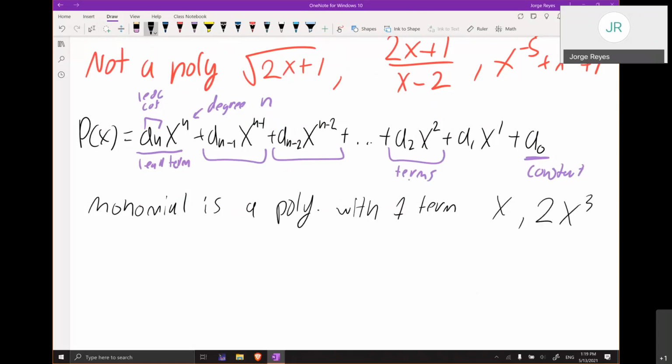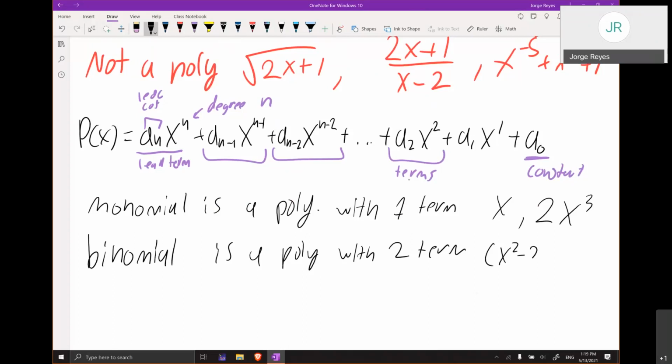Okay, those are monomials. Something we work with a lot are binomials. Okay, so a binomial is a polynomial with 2 terms. So these are things like x squared minus 2, x plus 5. Okay, things with 2 terms.